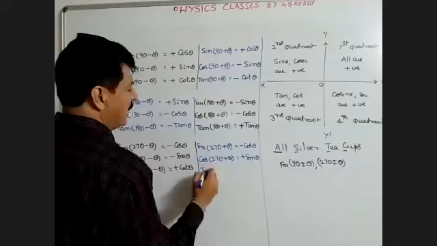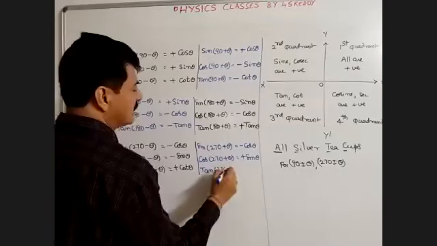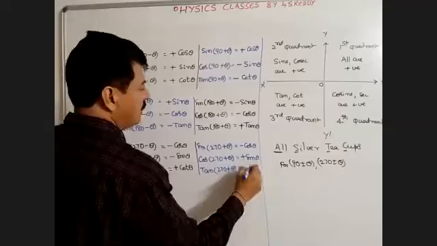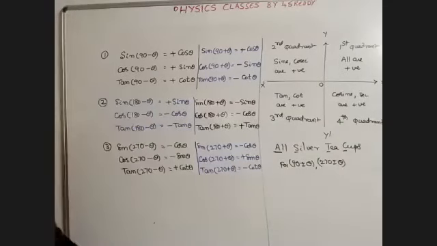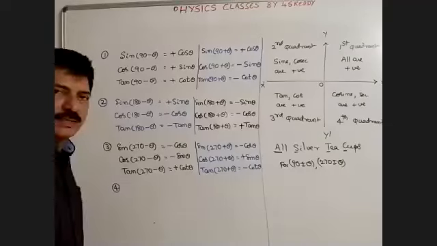And tan(270 plus theta) is minus cot. And the fourth one. Is it visible to everyone?